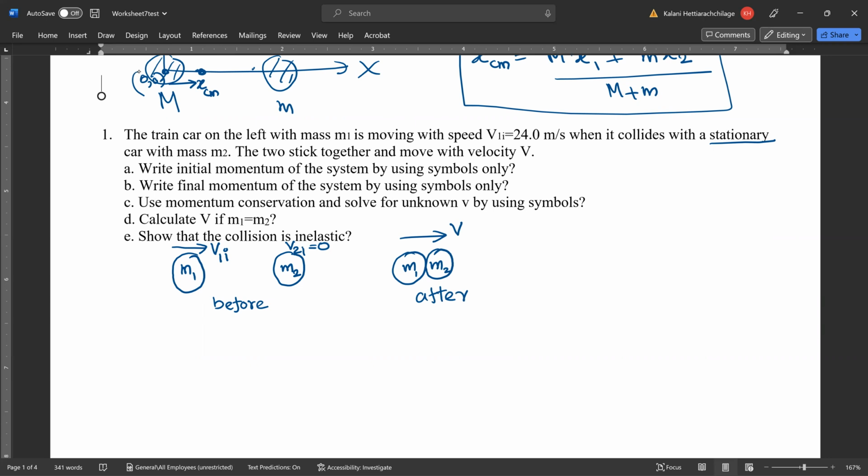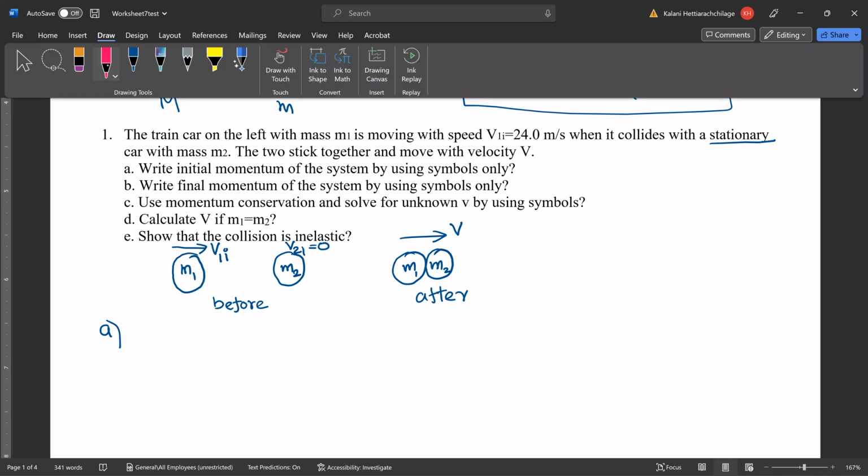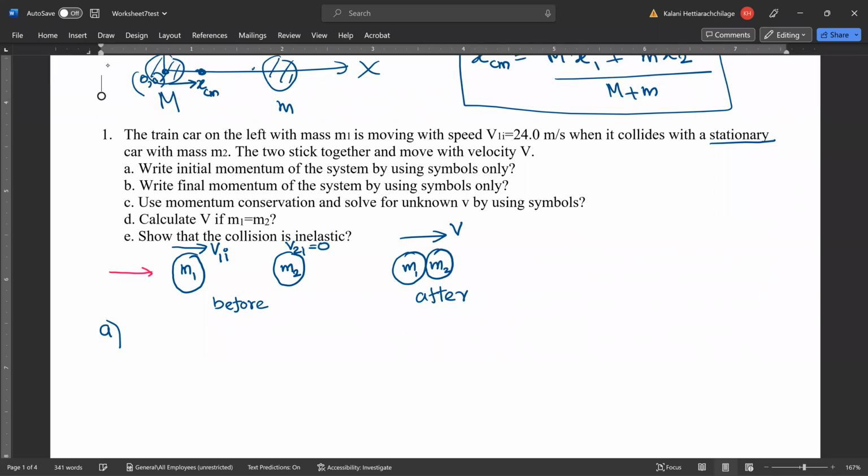So now let's move on with the question. Question A is asking: write the initial momentum of the system by using the symbols given. The next step is you need to make sure you label your x and y direction, because we are working with vectors now. This is the coordinate system.